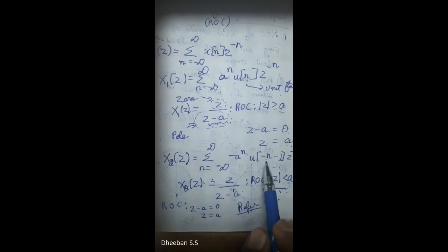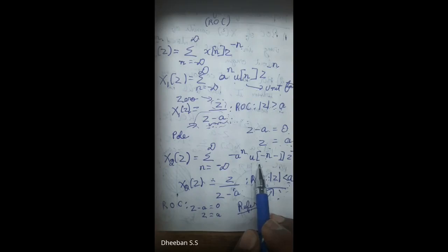But over here the signal is left-sided, which is why it is negative. Taking the negative common out, the signal starts from minus of n plus 1, so it is a left-handed signal.